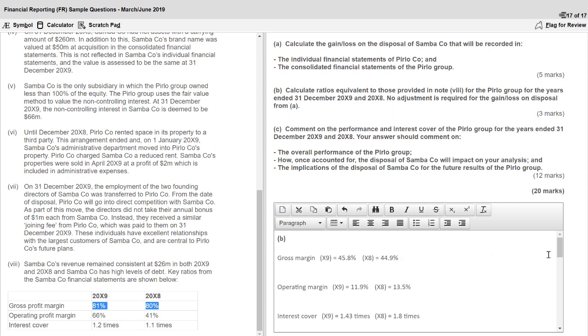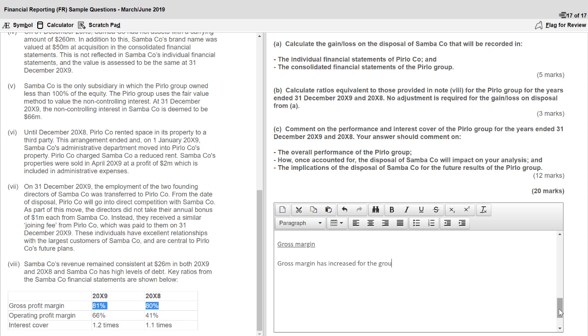Okay, so let's just state those facts first. So gross margin has increased for the group, but is lower than that of Samba.